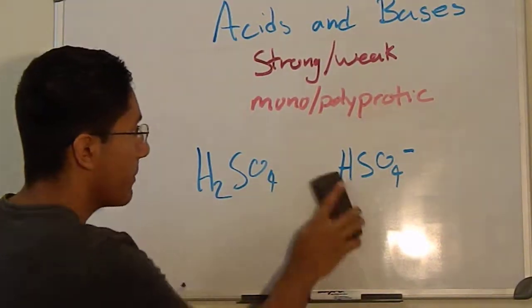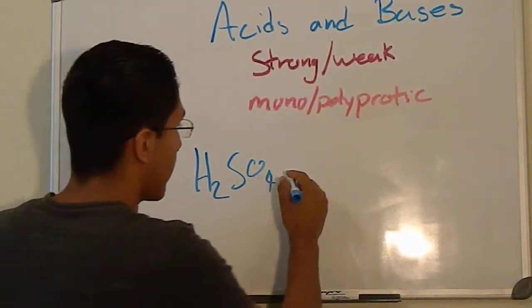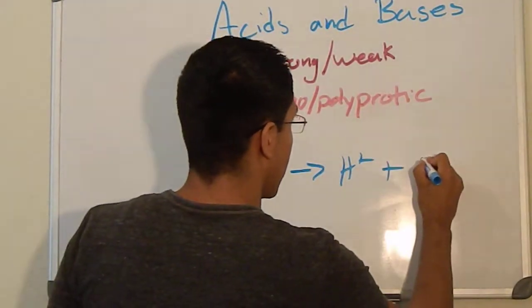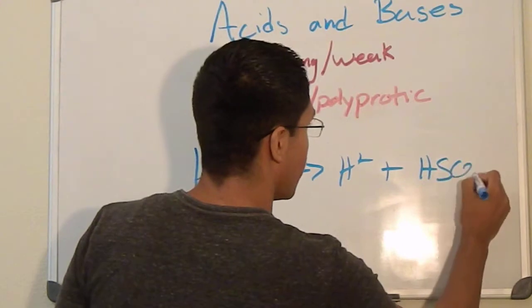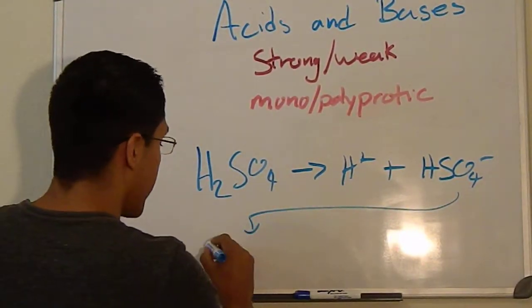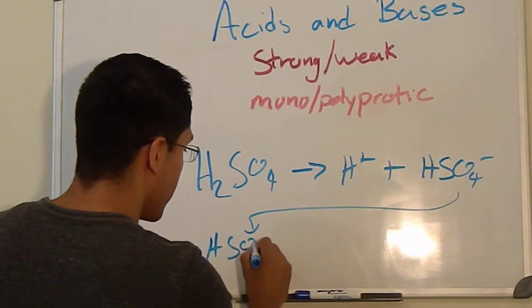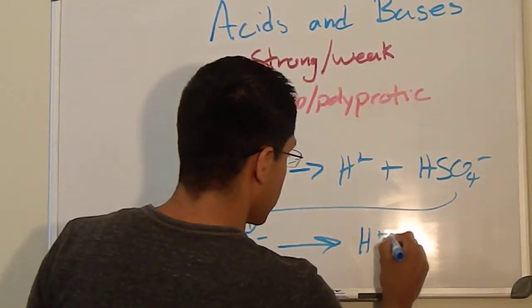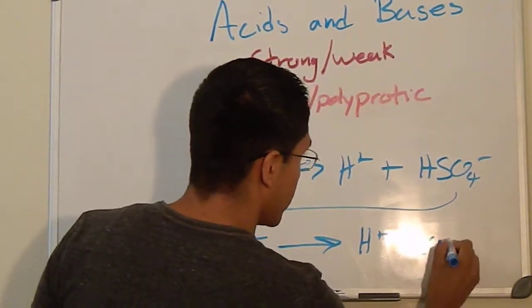Or I should write it better as H plus and HSO4 negative. And this acid comes back and dissolves again. HSO4 negative goes to H plus and SO4 2 negative.